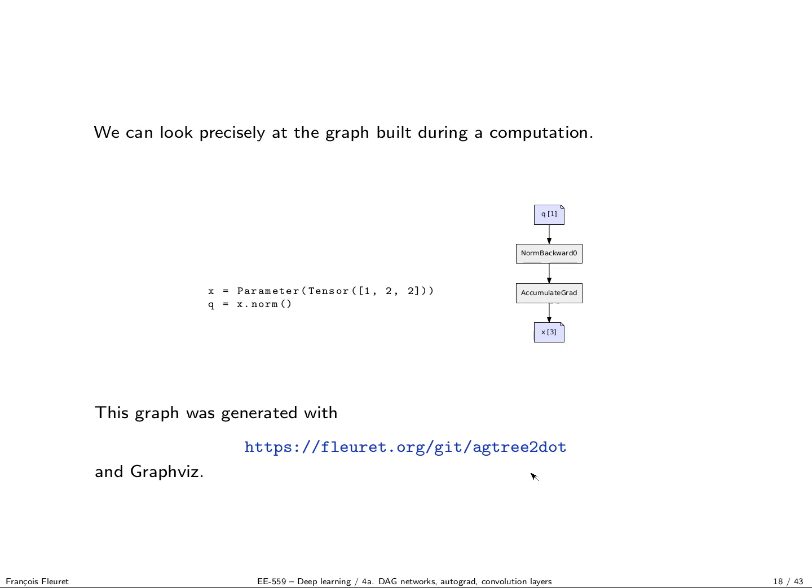What this little package does is, if you give it a variable, it's able to track down the graph which was recorded. So in that case, if you pass it Q, which is a variable, it points toward an operator norm backward, which points toward an operator accumulate grad, etc. I'm just showing this for the sake of completeness of the course. You don't need to know this, but it's nice to have a slightly larger vision of things.